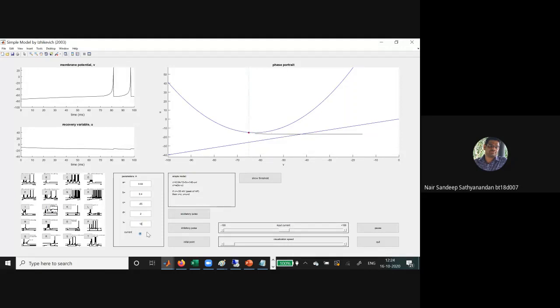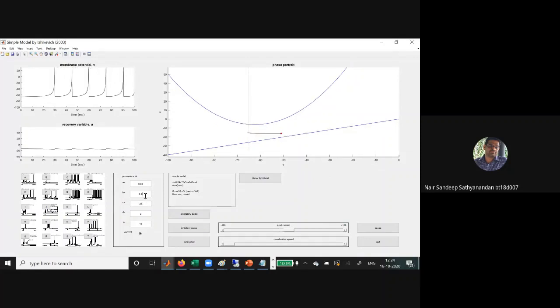So this represents the tonic spiking. And similarly, let us look at a phasic burst. So for that we need to modify the parameter.